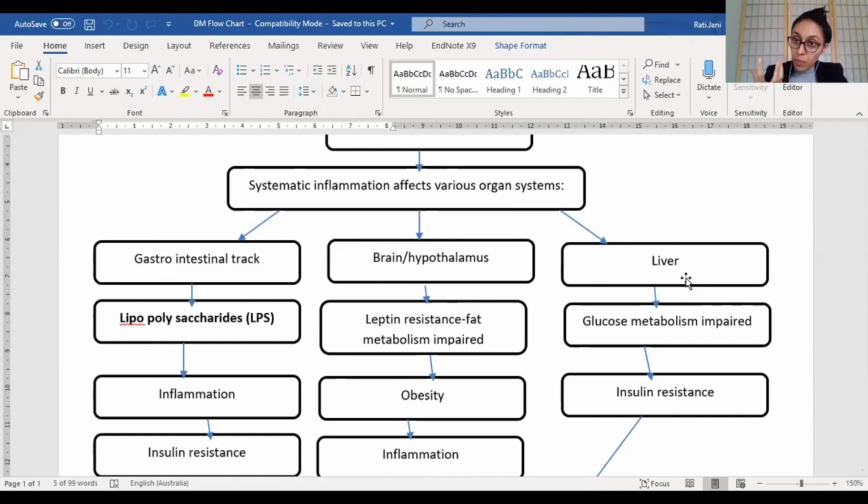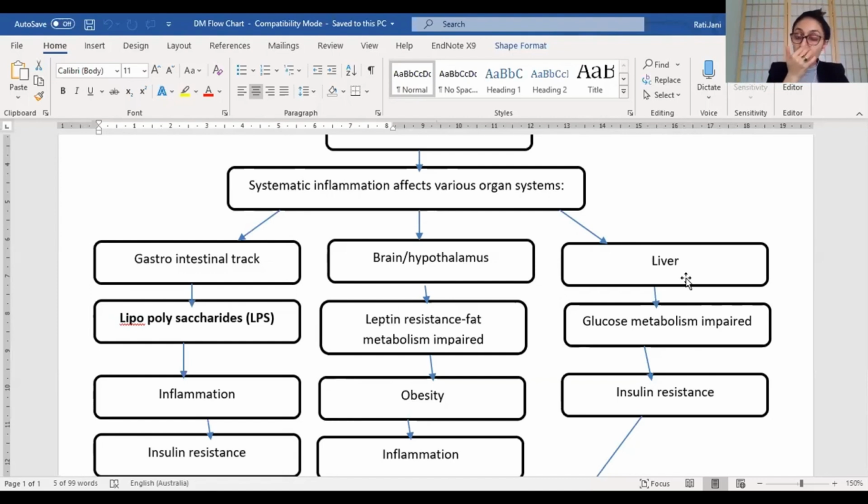When you have systemic inflammation, this will impair the functioning of glucose metabolism. All right. The efficiency with which glucose is metabolized in your body, meaning glucose used for energy, glucose stored as glycogen, gluconeogenesis happening, meaning fat and protein taken for the production of glucose, all of these cycles will be impaired at a fundamental level.